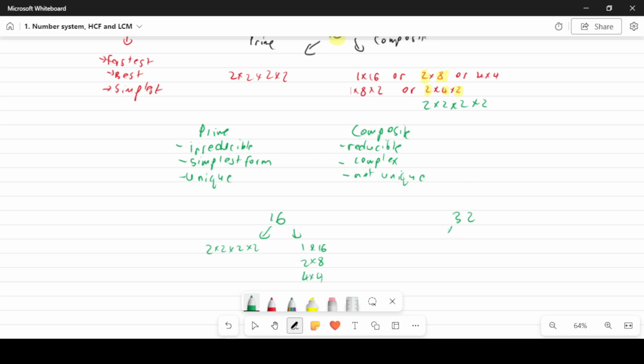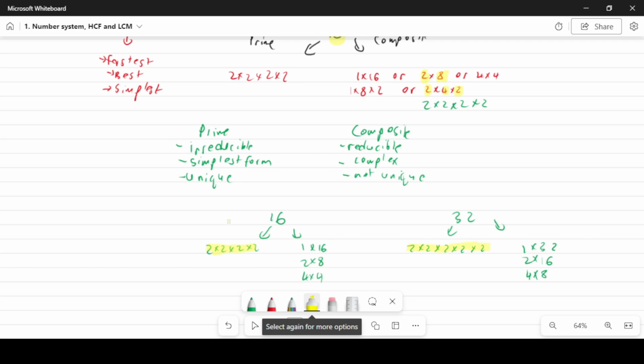If I represent 32 with prime numbers, it'll be 2 times 2 times 2 times 2 times 2. If I represent it with composite numbers, it'll be 1 times 32, 2 times 16, 4 times 8, right? So if I represented them with prime numbers, there's only one way.